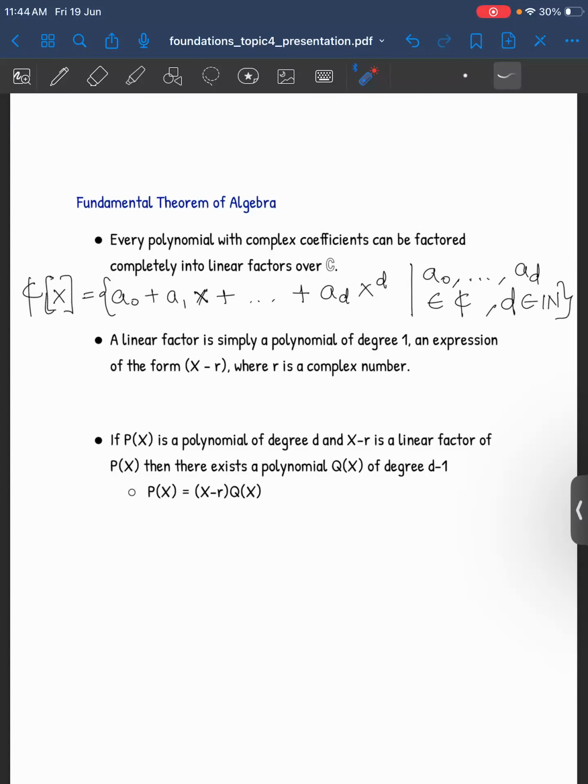A linear factor or a linear polynomial is just an element from this set, the set of polynomials over the field of complex numbers, that has degree 1. So a linear factor always has degree 1. So they are elements of the form a0 plus a1 times x.